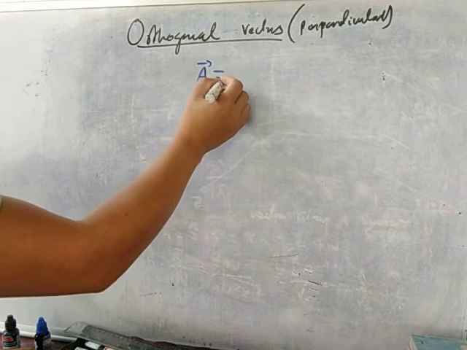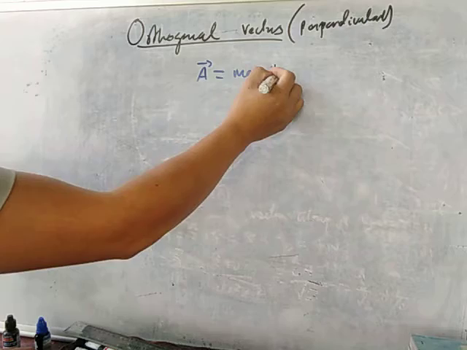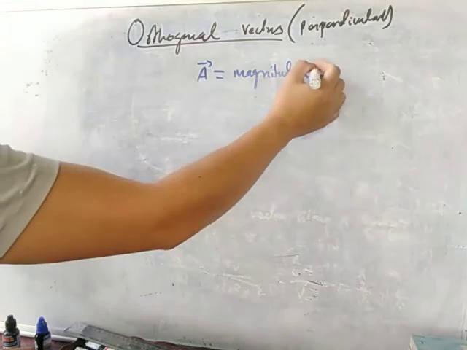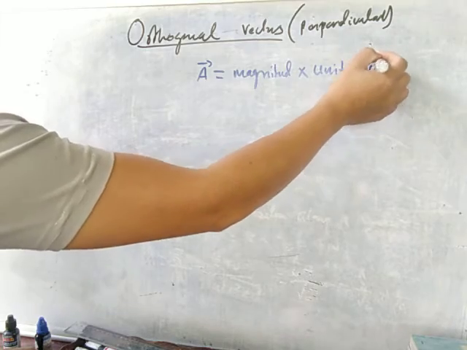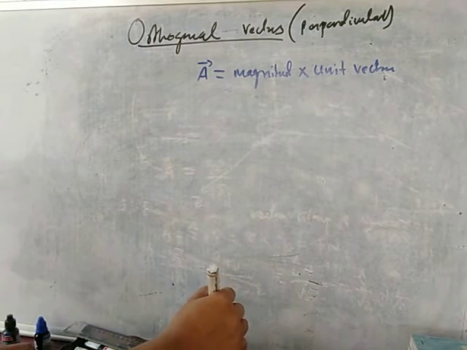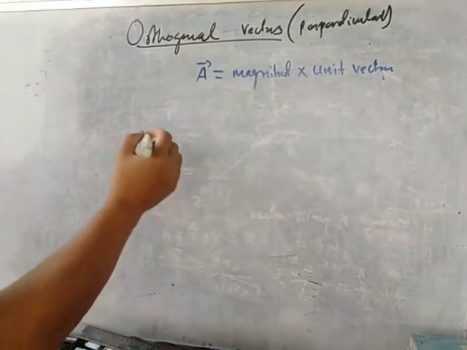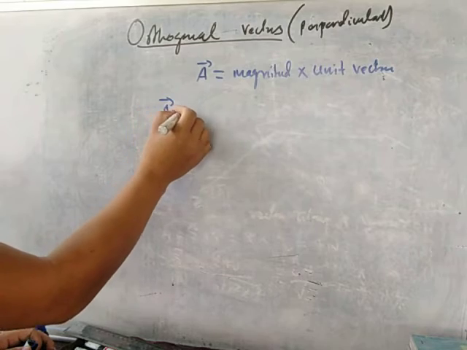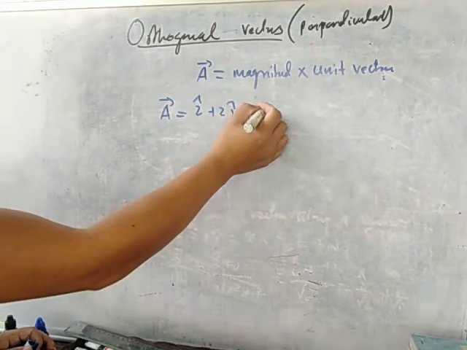If I want to write this vector, I need magnitude into unit vector. So from this orthogonal we have Cartesian vector. So let us say a equals I cap plus 2 j cap plus k cap.